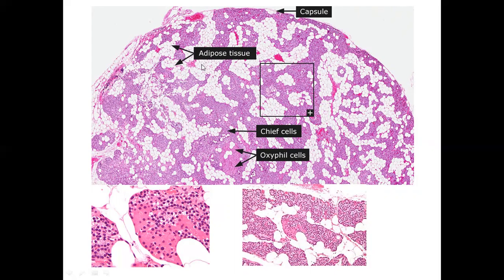In between these stromal contents there are parenchymatous areas where the major cell is the chief cell, which is smaller in size but higher in number. Between them, there are smaller areas occupied by cells which are larger in size but more eosinophilic.